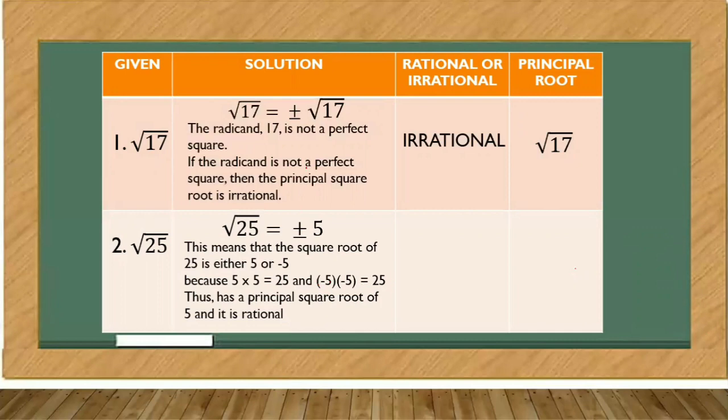Therefore, meron siyang perfect square, so it means that is rational. And ang kanyang principal root is positive 5. So that is rational and irrational number of a square root. Alright, so that is square root of a number, either rational or irrational, and then their principal root.